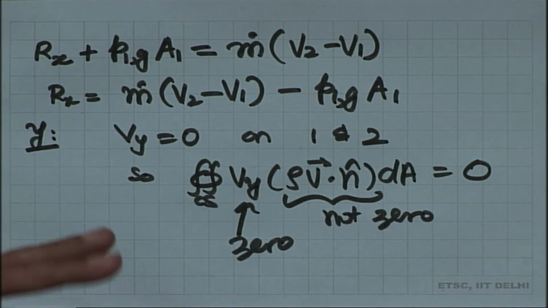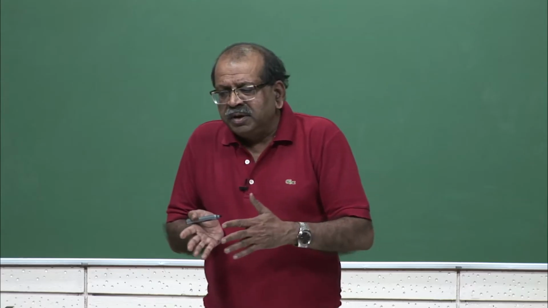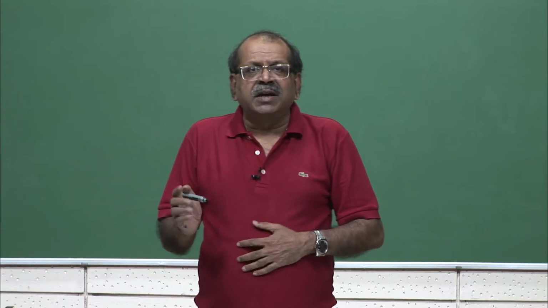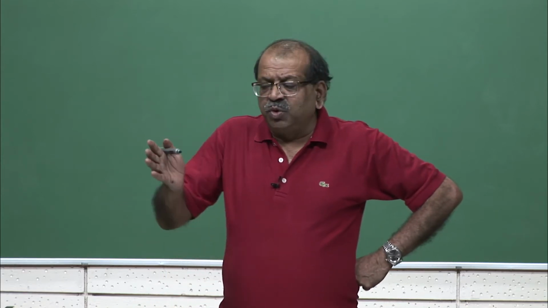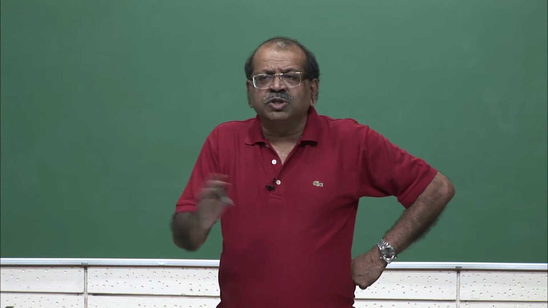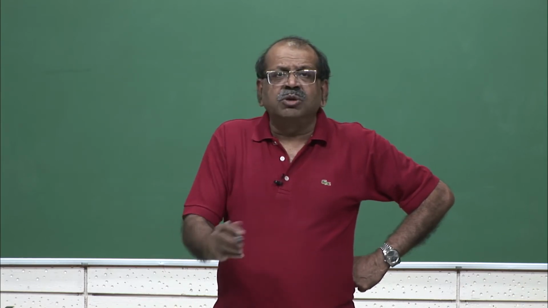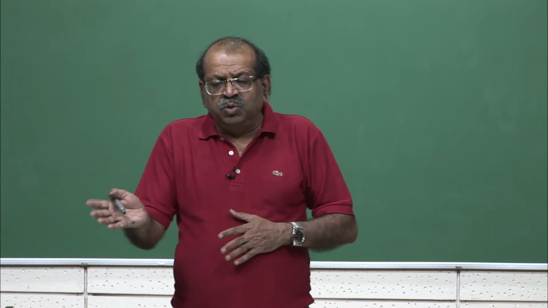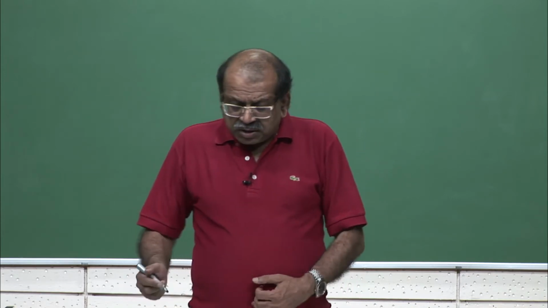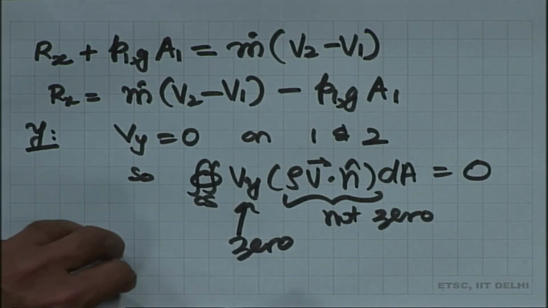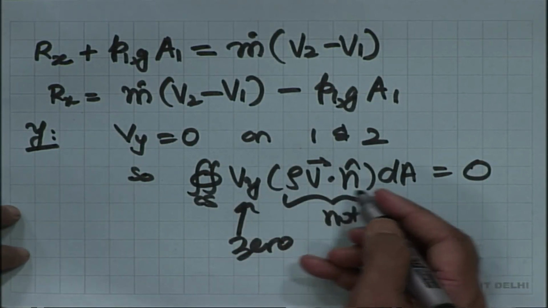If it was a structure which was bending at an angle, then Vy at the exit would not have been 0, it would have been the velocity times cos theta or sin theta, and Vx also would not have been V2, it would have been V2 cos theta or sin theta. So, this is what we have for the y component of the equation for the right hand side.